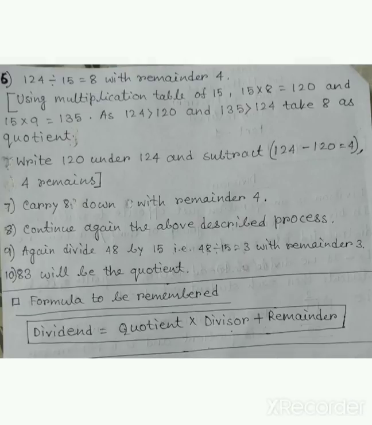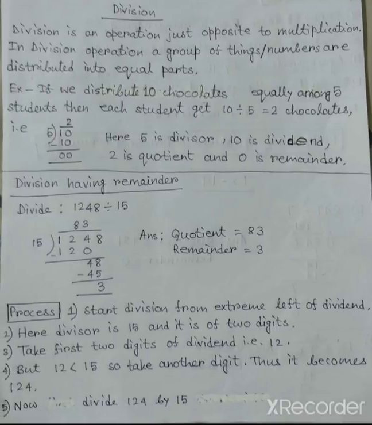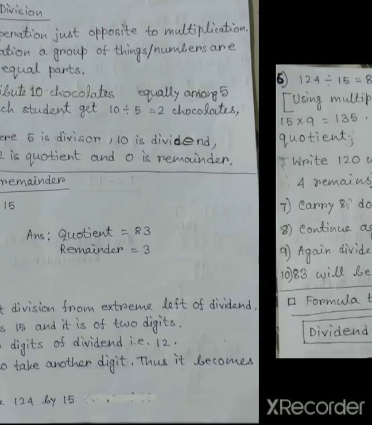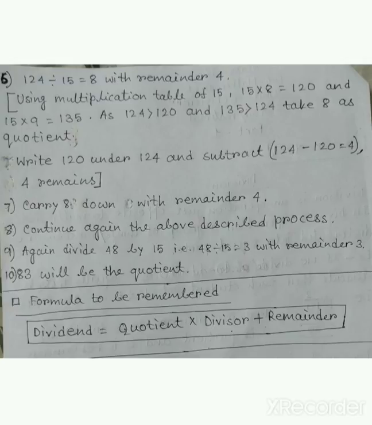As 124 is greater than 120 and 135 is greater than 124, so take 8 as quotient, that is 15 8s are 120. Now write 120 under 124 and subtract these two numbers to get 4 remains.